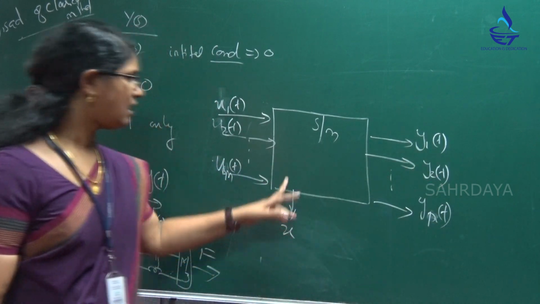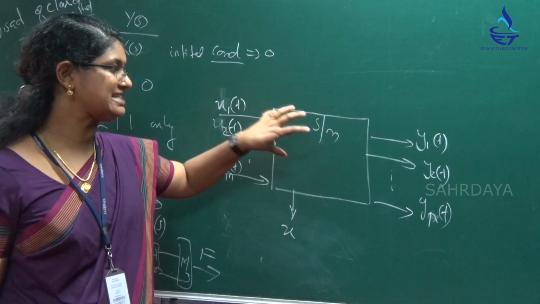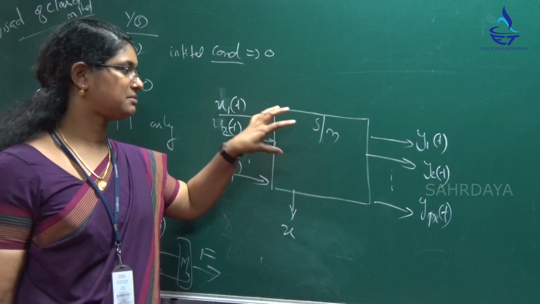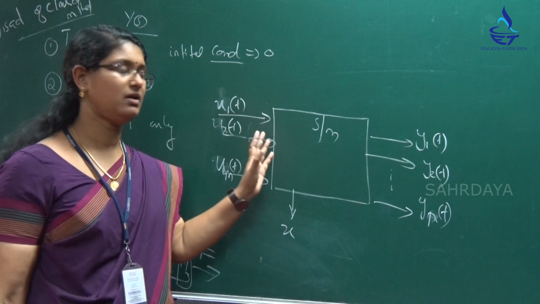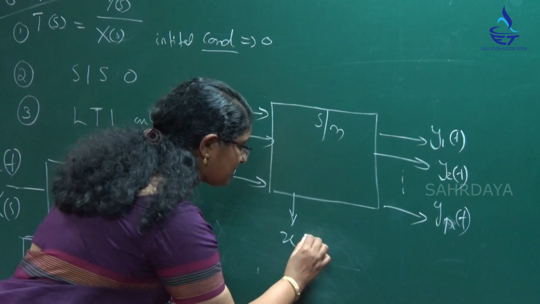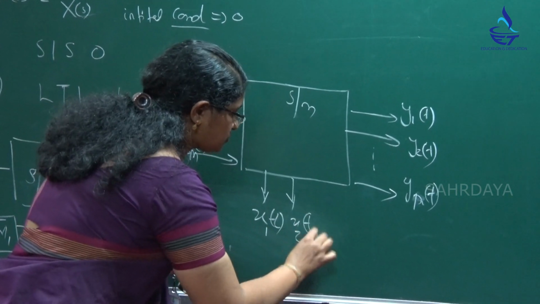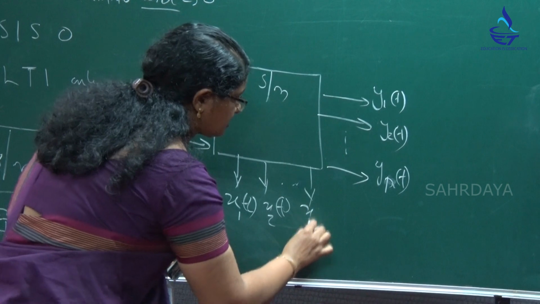And if you wanted to know what all are the internal behaviors of the system, some internal variables, position, velocity, you can tap all those informations and you can call them as state variables, x1 of t, x2 of t, etc. up to xn of t.